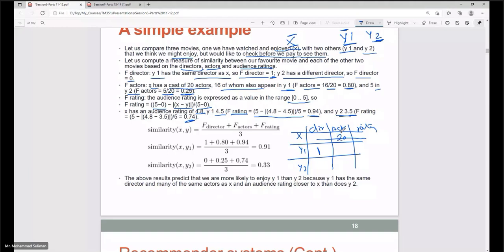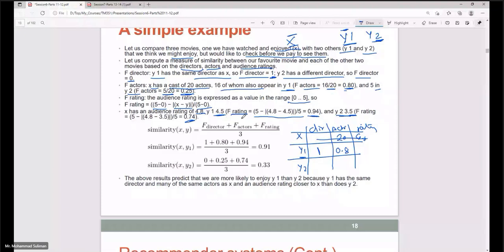Because it is a range value, we normalize it with the formula: 5 minus 0, because the range is from 0 to 5, minus the absolute of X minus Y, that is 4.8 minus 4.5, divided by 5 minus 0. That leads to the value 0.94. Similarly, we calculate between X and Y2.